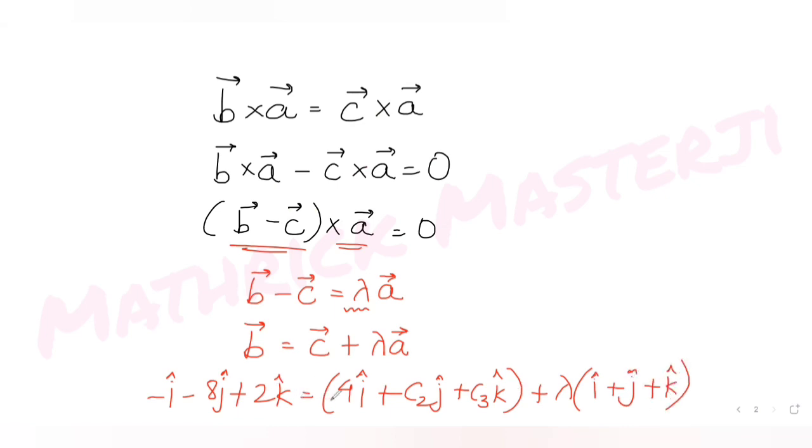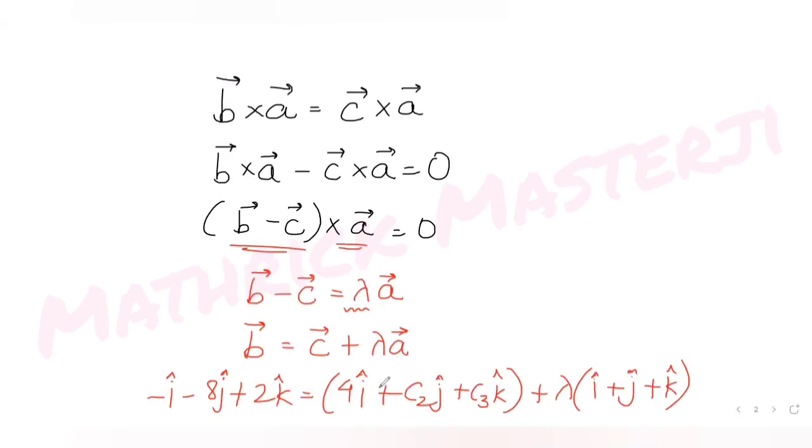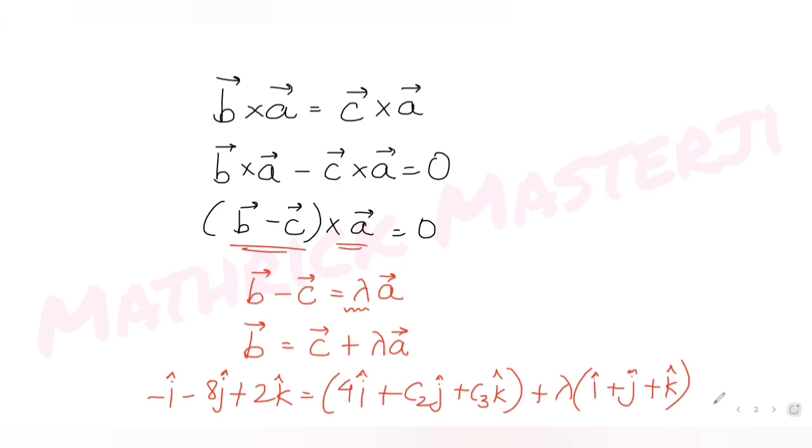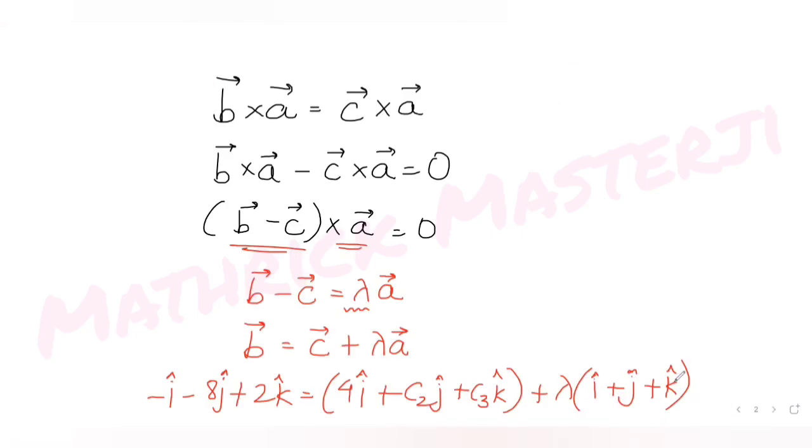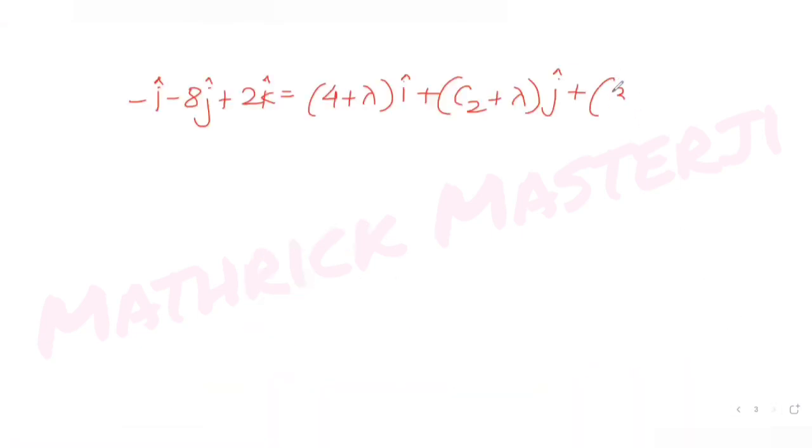Now once I have this with me, let's equate the coefficients of i, j and k, and then we'll get the answers. So -i-8j+2k is equal to (4 plus lambda) i cap plus (C2 plus lambda) j cap and (C3 plus lambda) k cap.